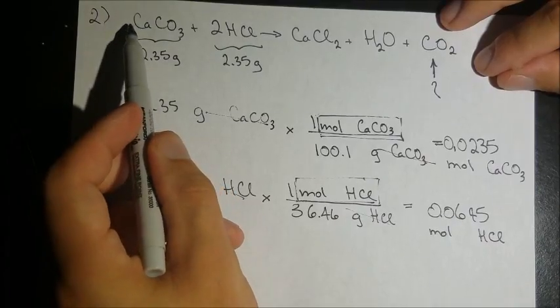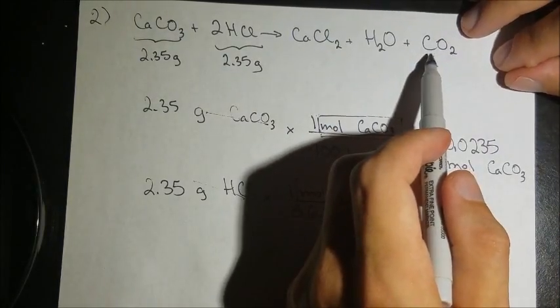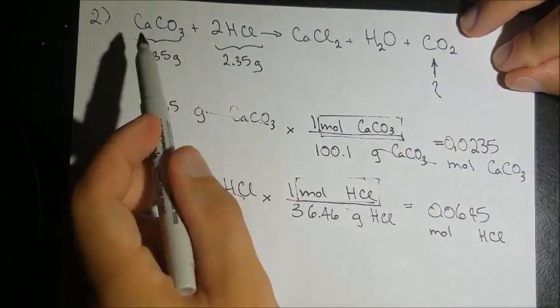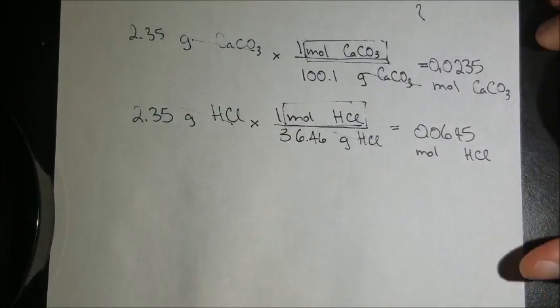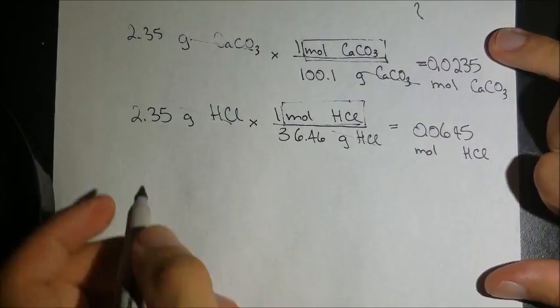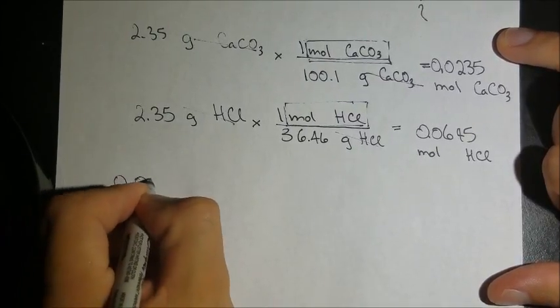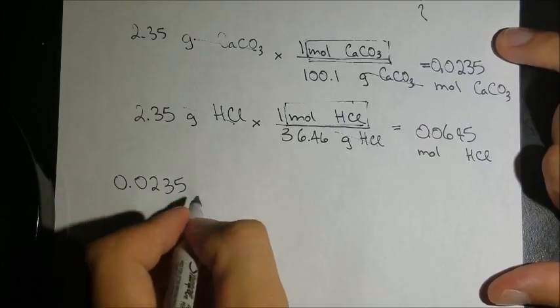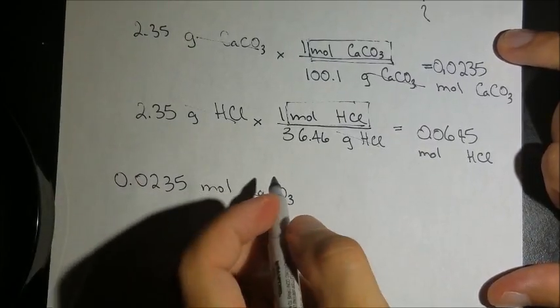We've got 1 mole of calcium carbonate that is consumed to make 1 mole of CO2. So our mole to mole ratio here is going to be 1 to 1. So let's keep that in mind here as we do calcium carbonate. We're going to take a look at calcium carbonate, and we have 0.0235 moles of calcium carbonate.